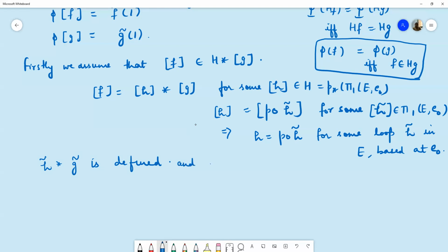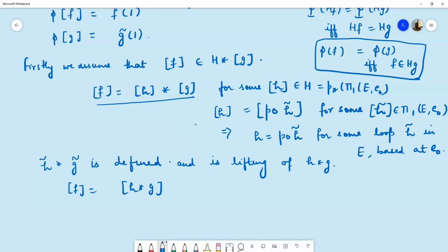So this h curl star g curl is a lifting of h star g.